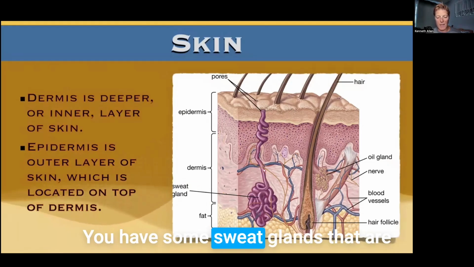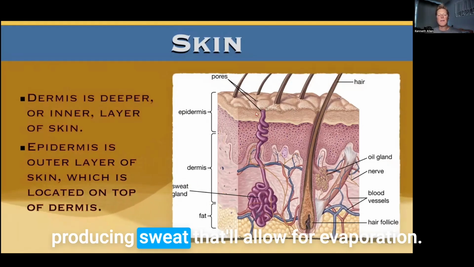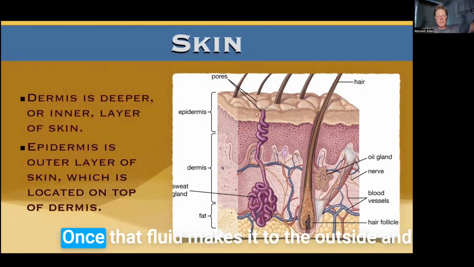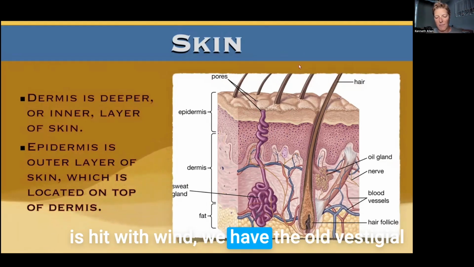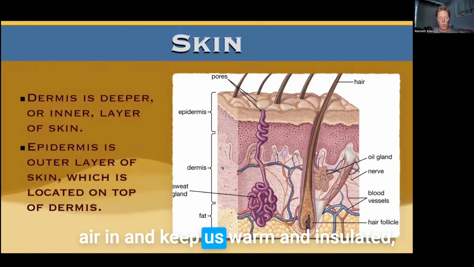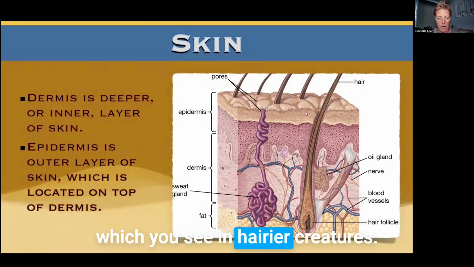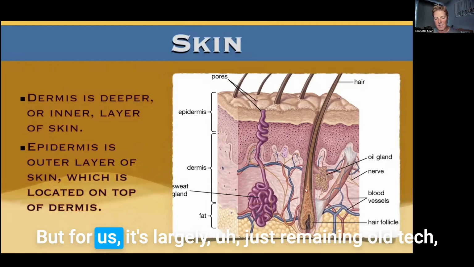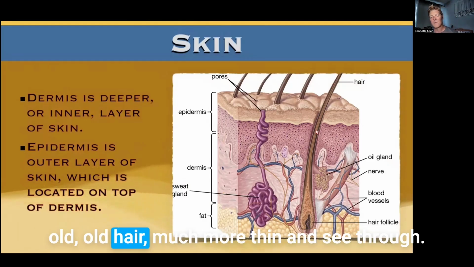You have some sweat glands that are producing sweat that allow for evaporation once that fluid makes it to the outside and is hit with wind. We have the old vestigial hairs that could stand up to hold that air in and keep us warm and insulated, which you see in hairier creatures. But for us, it's largely just remaining old hair, much more thin and see-through.